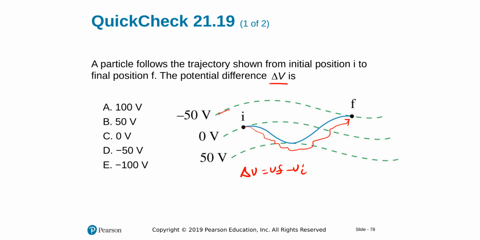These are all equal potential surfaces, so this is all minus 50 along. So V final is at F, V final is minus 50 volt, and V initial is 0. So delta V will be the difference here. Final minus initial, minus 50 volt.